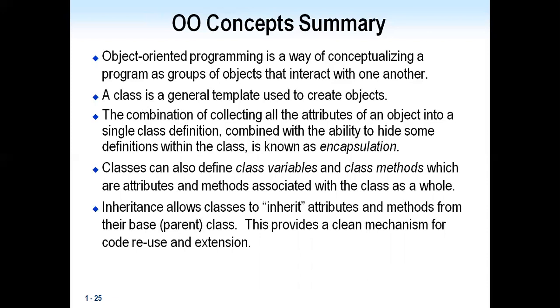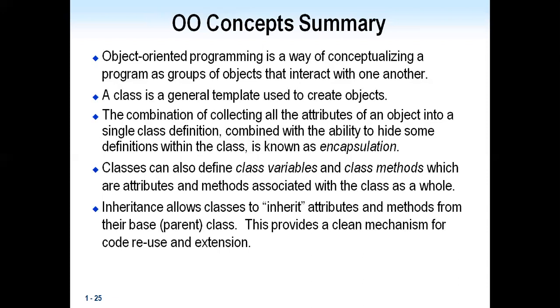Hiding means it cannot be accessed outside the class. Suppose any attribute or method is defined within the class, you cannot access it from another class. That is called encapsulation. By defining some modifiers, that is public, private, protected, you can control access from other places.